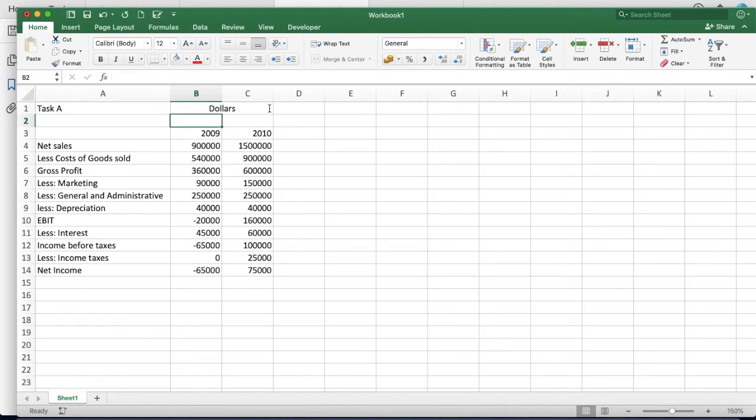Now, what we are asked to do is to transform these income statements from dollars into percentage.